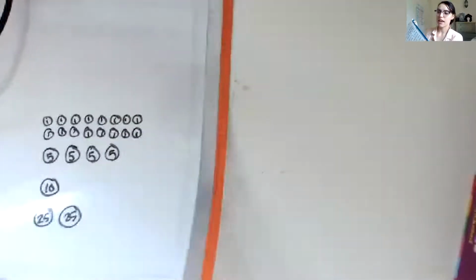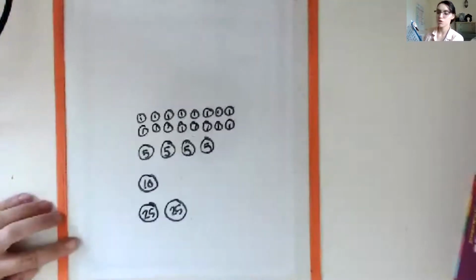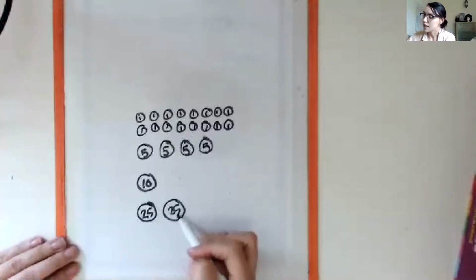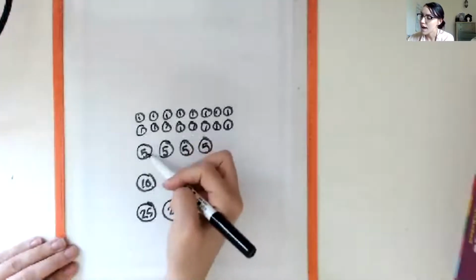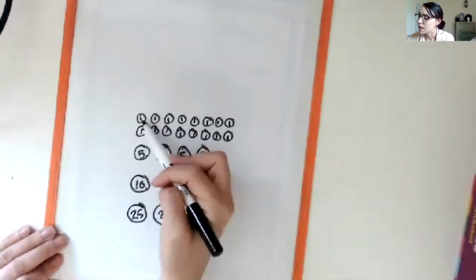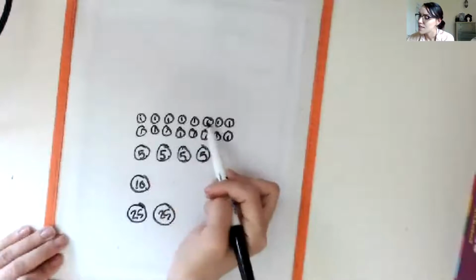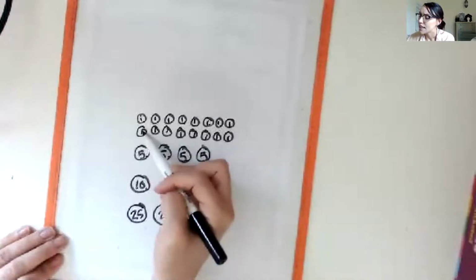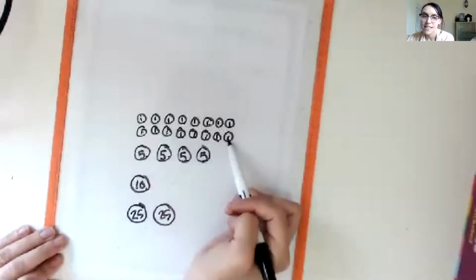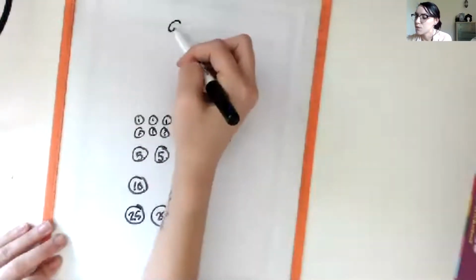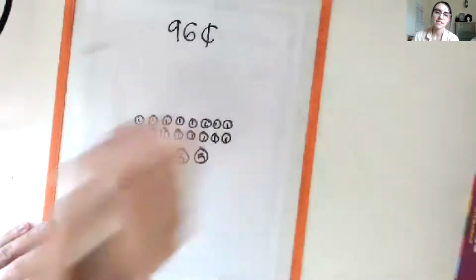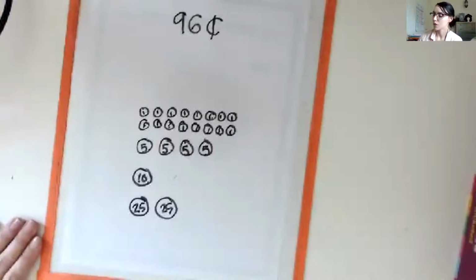So let's try counting up the coins that we drew. 25, 50, 60, 65, 70, 75, 80, 81, 82, 83, 84, 85, 86, 87, 88, 89, 90, 91, 92, 93, 94, 95, 96. So let's write that down so we don't forget. When we counted up, we had 96 cents in Luna's piggy bank, okay?